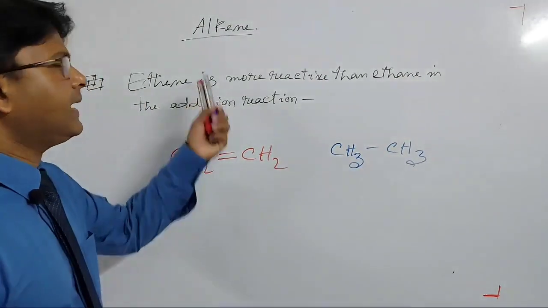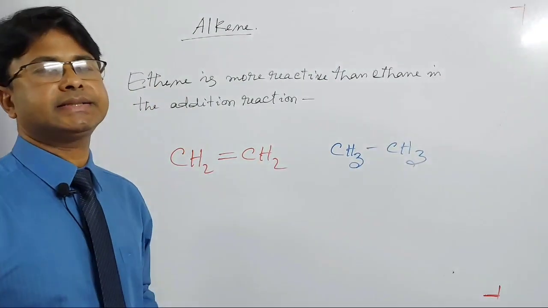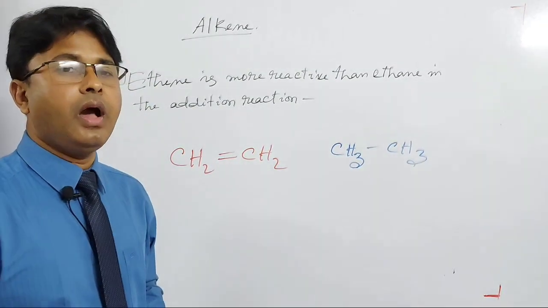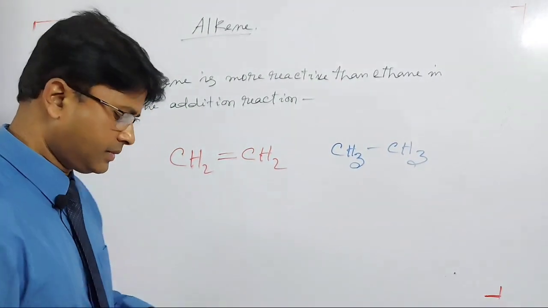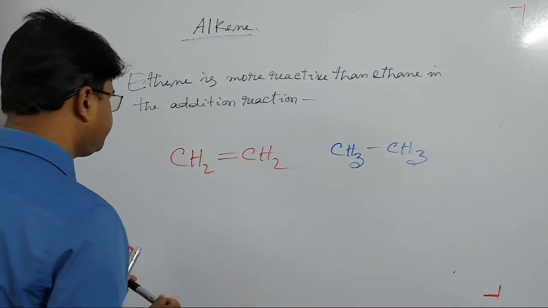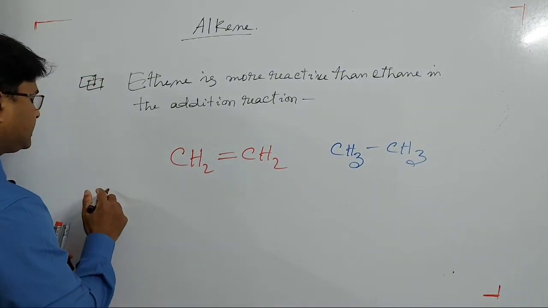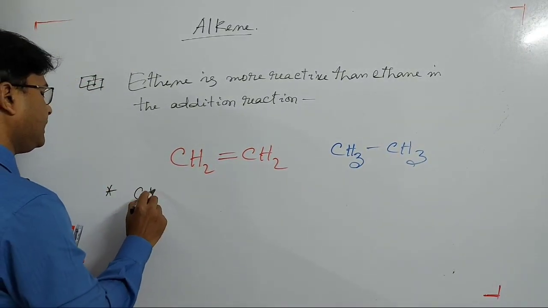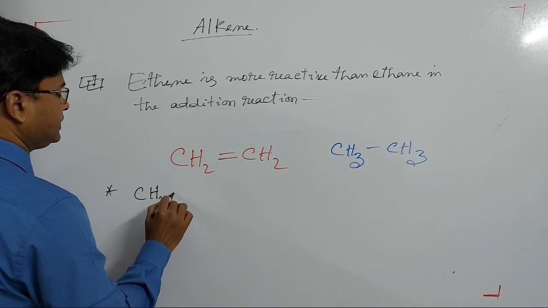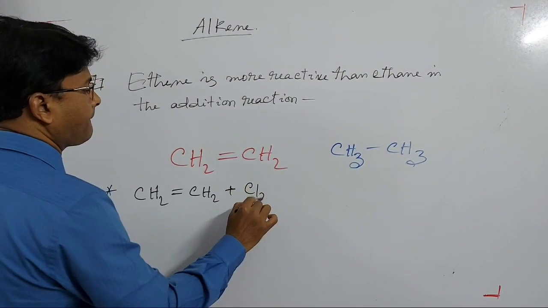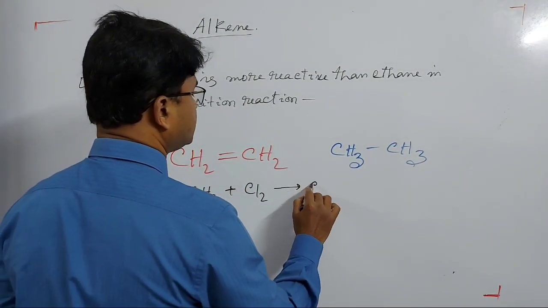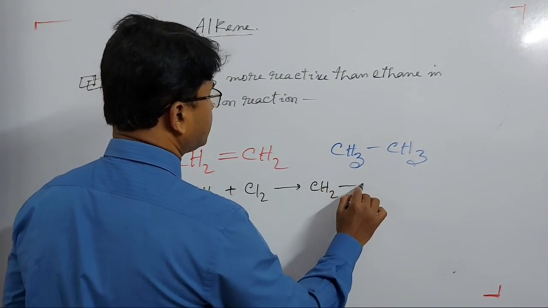Dear students, alkenes are also known as olefins. Olefin means oil producer. If I write here a chemical reaction, ethene reacts with chlorine to produce 1,2-dichloroethane.